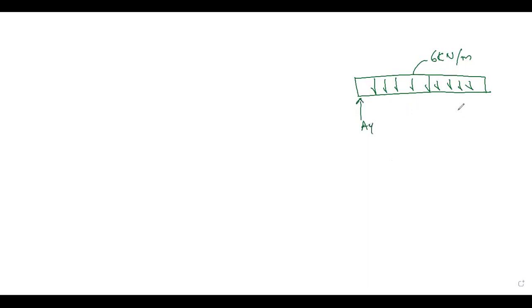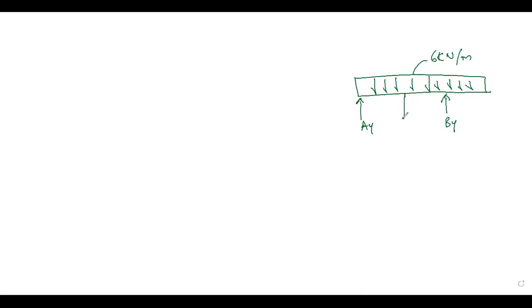So just make it. Here we have a UDL of 6 kilonewton per meter. Here we have AY, and here we have BY.